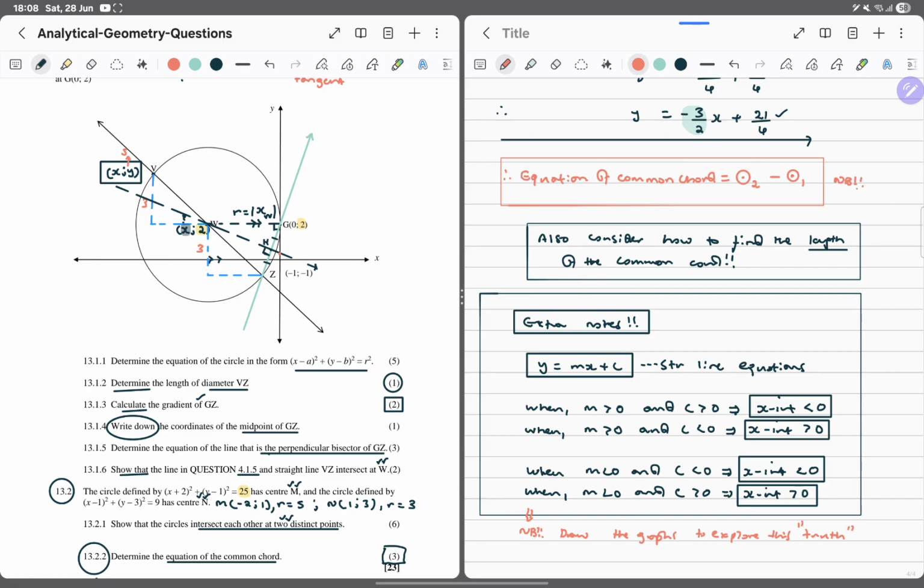Right? Draw the graphs to explore the truth. Because if you draw the graphs such that this is the case, you will start to understand why it only works this way. So knowing how to graph these on the Cartesian plane is very useful as well, because it helps with our critical thought process.